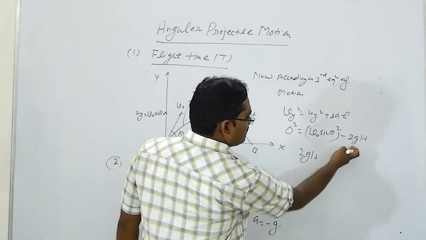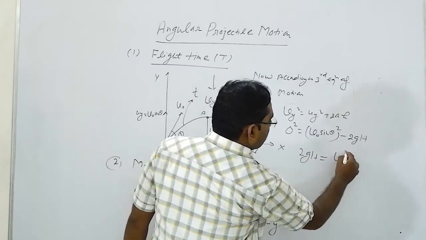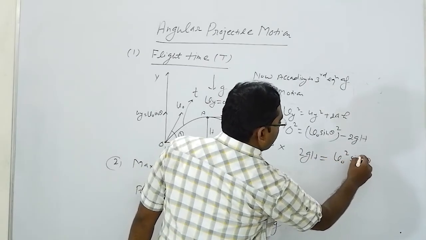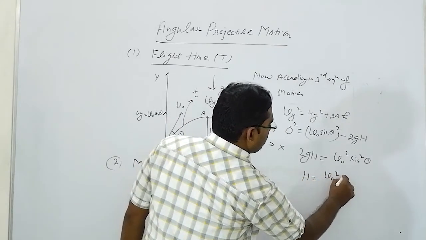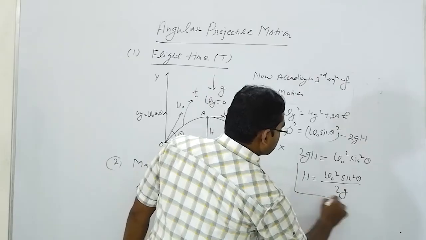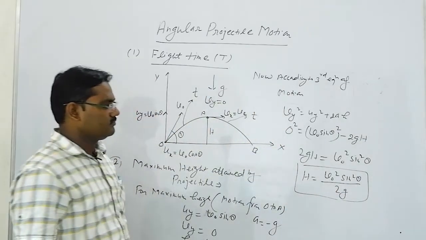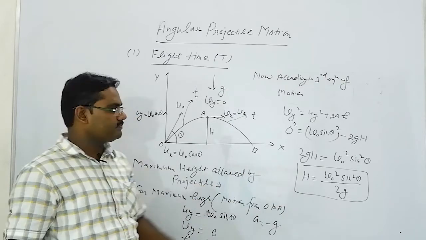Here 2gH is transferred to the left side, and we get v naught square sin square theta. Then H is equal to v naught square sin square theta divided by 2g. This is the maximum height attained by the projectile.